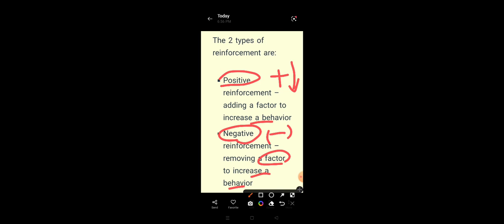My main goal for both types is to increase a favorable behavior. So in positive, I'm adding something. In negative, I'm taking out something. Let's see now the examples, and I'm sure that you will understand it very well.